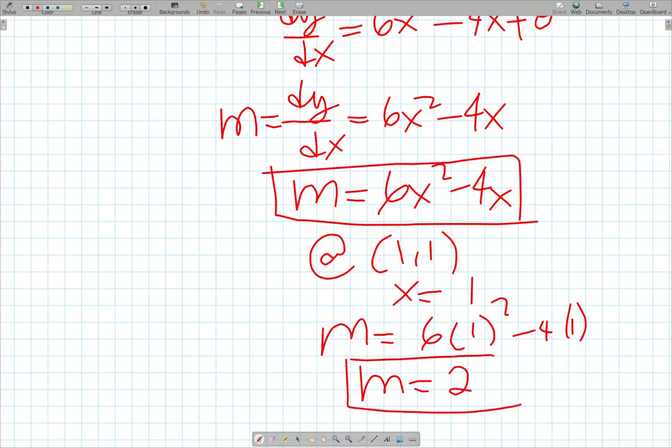So, ang slope ng curve sa point 1, 1 is equals to 2. Pero class, hindi ang slope ng curve ang kailangan natin, no? Ang kailangan natin ay slope ng tangent line. Right? So, meron na tayo slope ng curve equals 2 at point 1, 1. So, sana ba yung drawing natin?